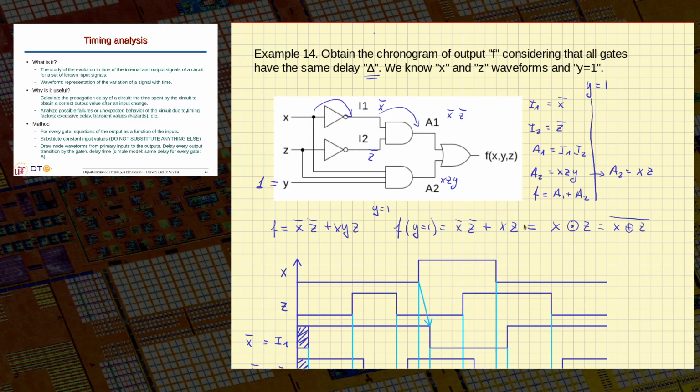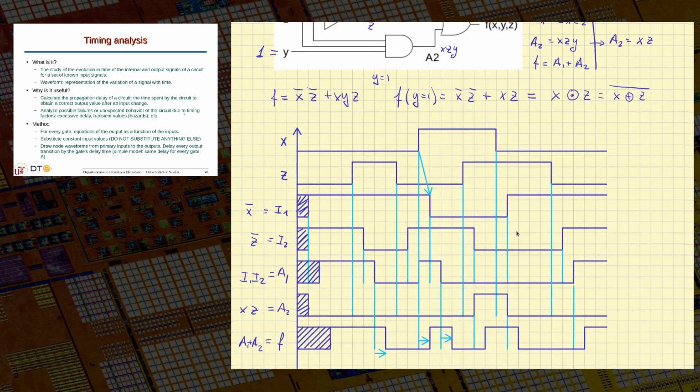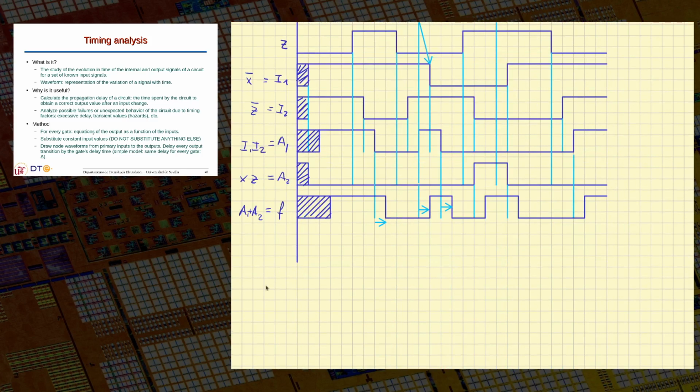So from here, we could put in the diagram the value of f, but with no delay. This is x, z.